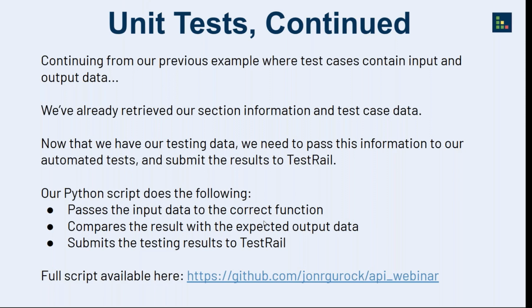It passes input data to the correct function, compares the result with the expected output data, and then submits the test results to TestRail. It would iterate through all of the input and output data, compile a post request, and then submit that post request to TestRail.